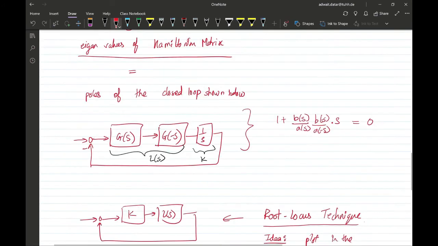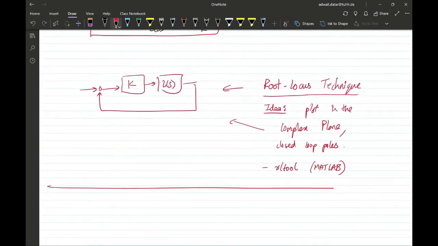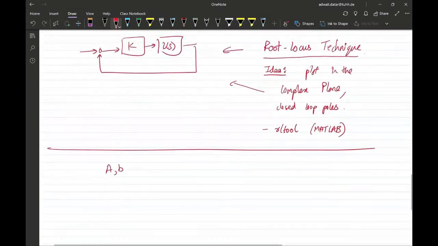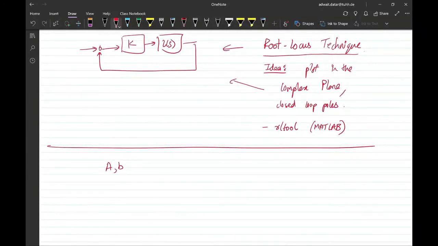So for our problem now, what we have is A and B. Now we want to regulate the output theta plus psi, and therefore we can choose C to be equal to [1 0 1 0].